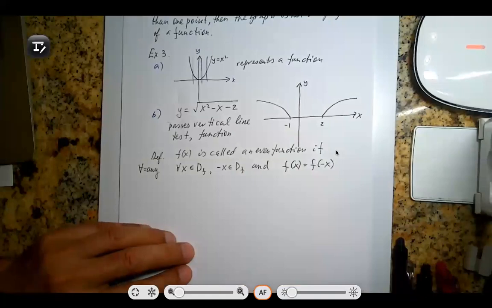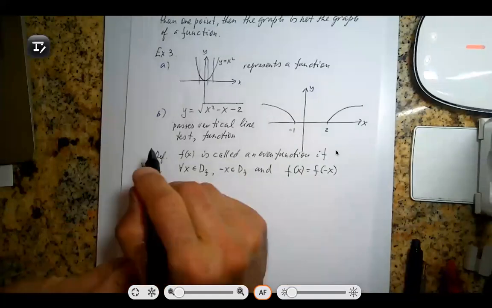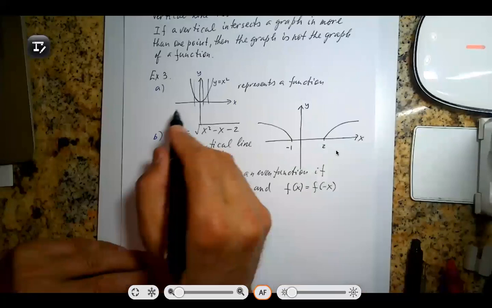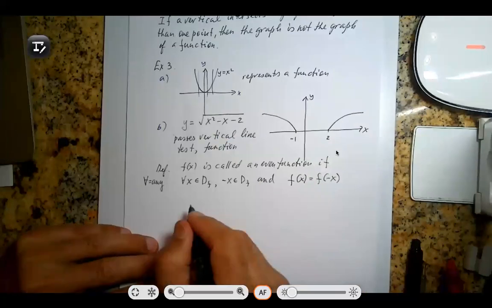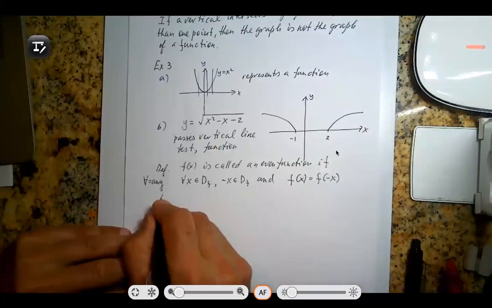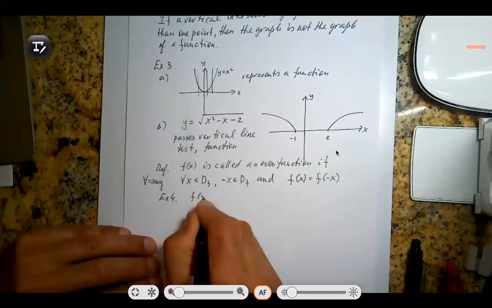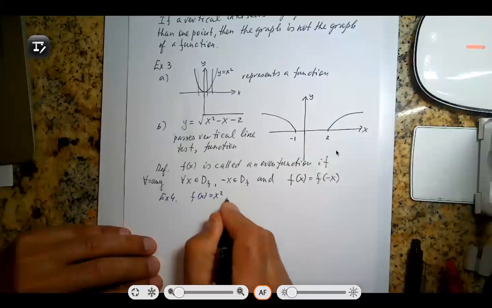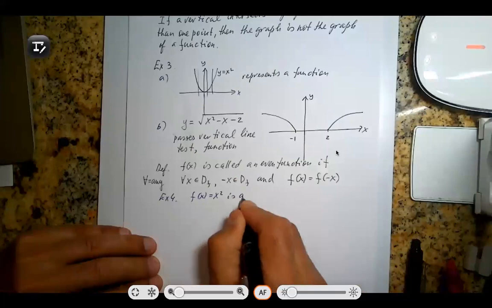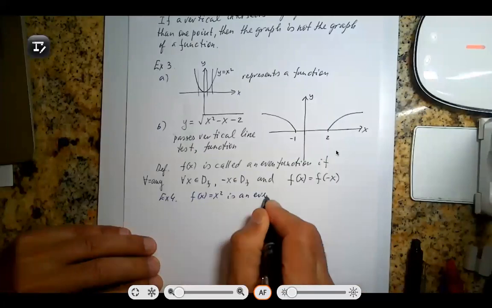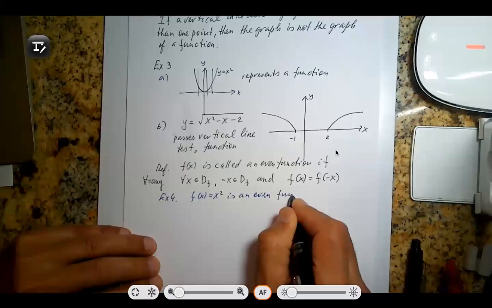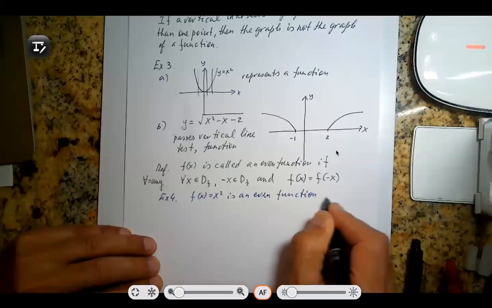So in our example 4, f of x equals x squared is an even function on the entire number line.